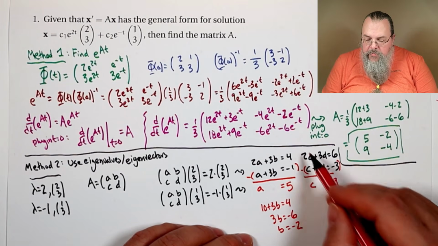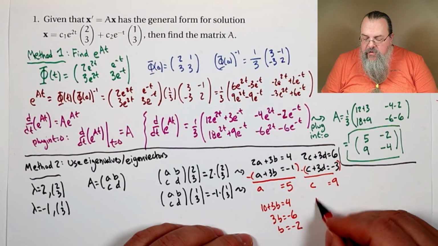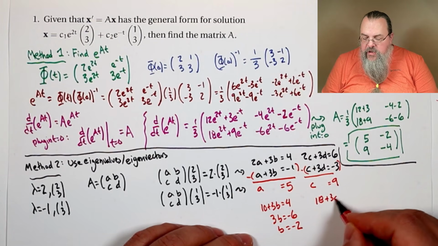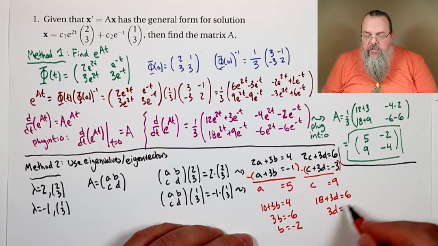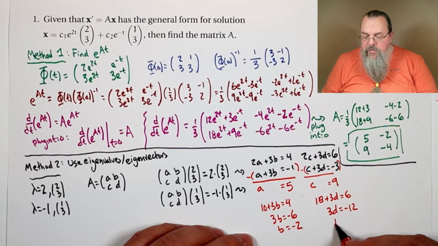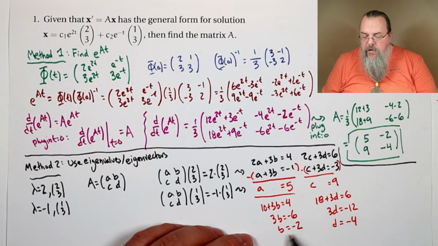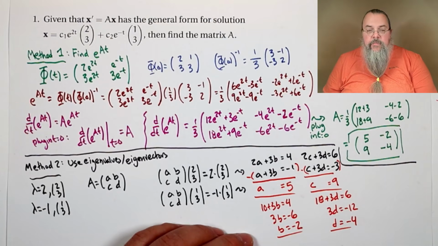We know c, plug it back in. 2c makes 18, plus 3d equals 6. Or 3d, 6 subtract 18 is negative 12. Divide both sides by 3, negative 4. So there's our a, b, c, d.